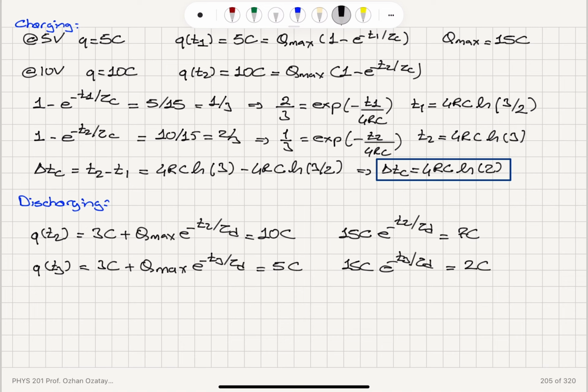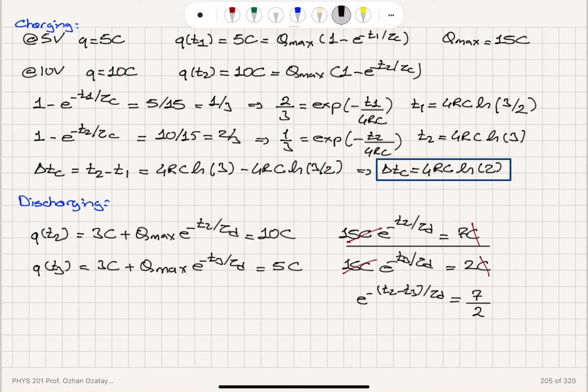If I divide these two, what am I going to obtain? The 15 C's will cancel out, and these C's will cancel out as well. I will see that e to the minus T2 minus T3 divided by tau discharge is equal to 7 divided by 2.